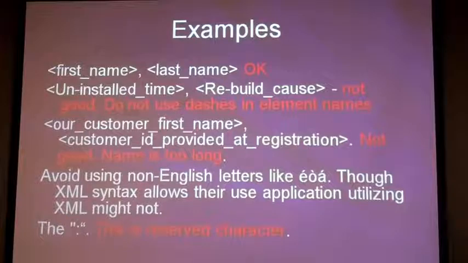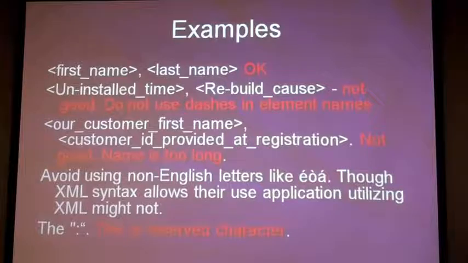Okay, basically the application would not be able to read the document. So try to avoid that. Basically, the unofficial rule which is accepted everywhere, just unanimously, is that we're using only English plain Latin for an XML document. Okay, and also the colon character is a reserved character. We cannot use that, and why, we are going to see later today.